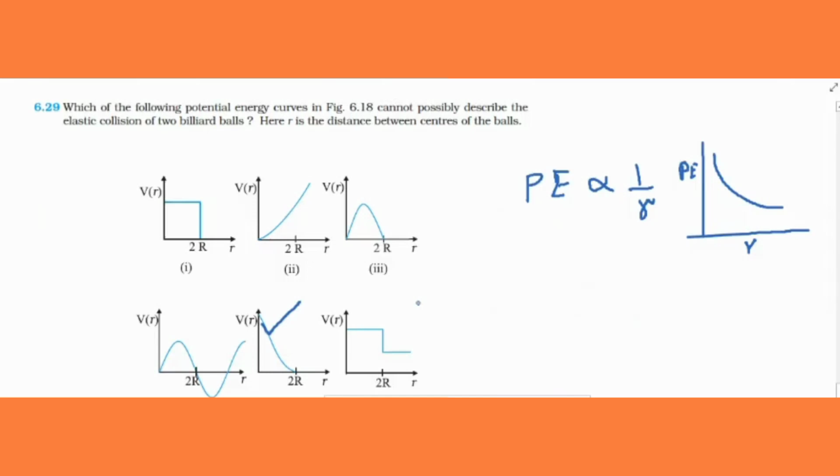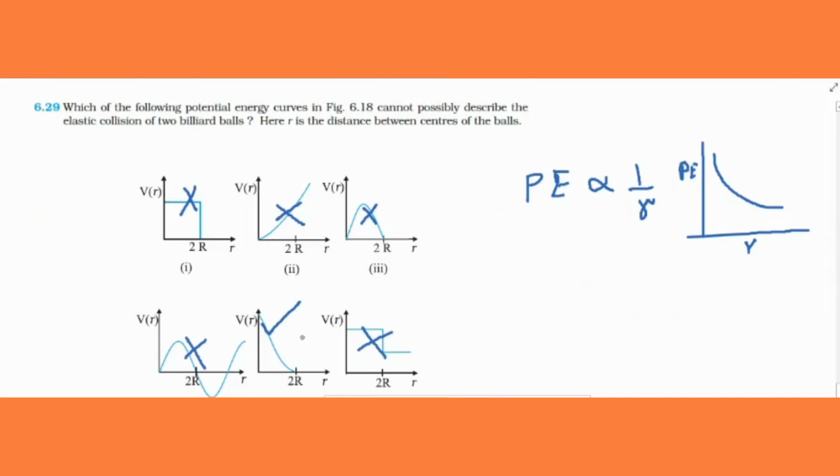So graph 5 represents elastic collision. All other graphs cannot represent elastic collision because that inverse relation you cannot see in any of the graphs.